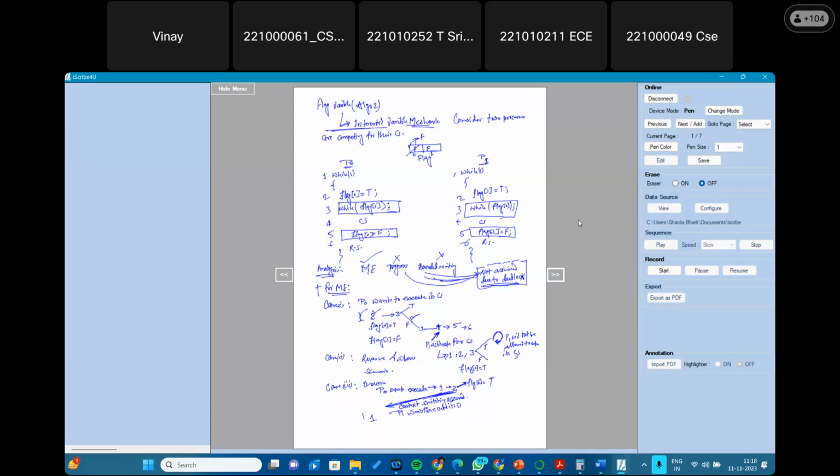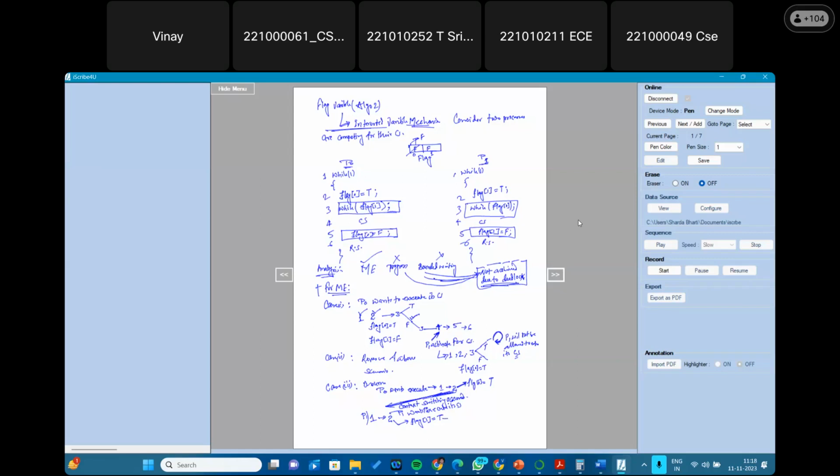The P1 first instruction will be executed, then the second. It will make what? Flag 1 equal to true, right? So both processes make the value of their flag true at the same time, right?